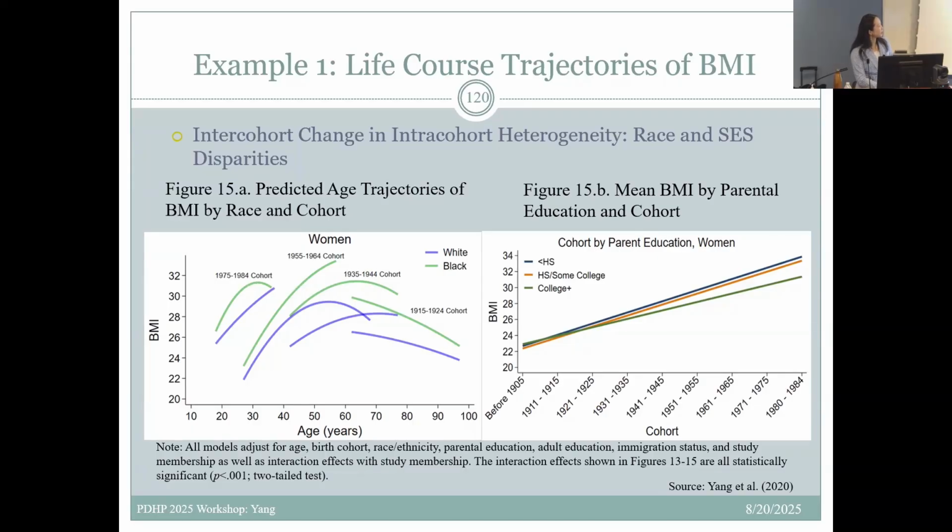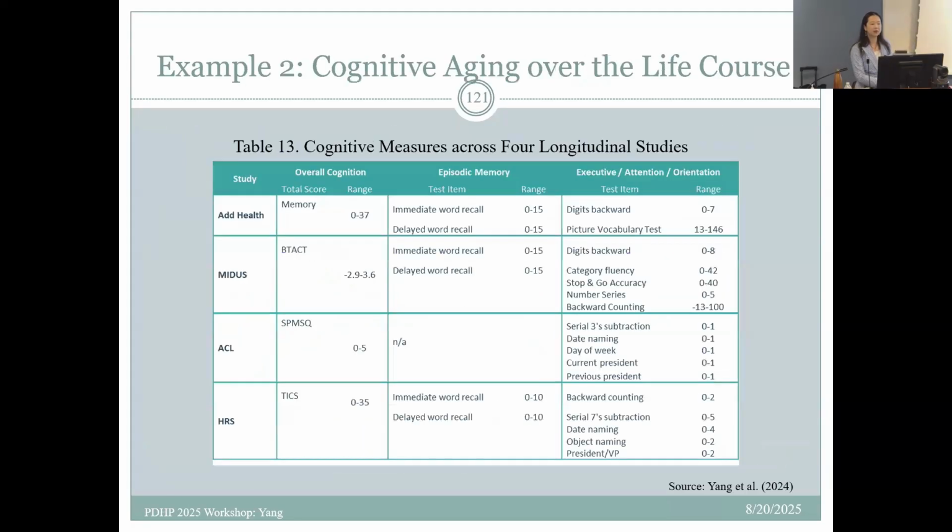On the right, the mean BMI also varies a lot by parental education across cohorts, where in more recent cohorts, women with college-educated parents experience the least cohort increases, although all cohorts increase. But there's educational differences. And so this is an example of something you could do with this sort of data.